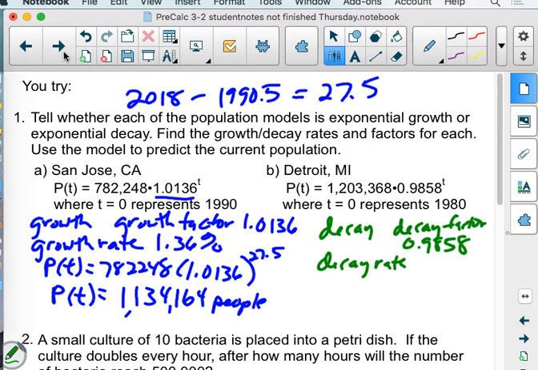Did you get the decay rate already? 1.42%. Well, let's check that out. 1 minus 0.9858. Yeah, 1.42%. Did they use the exact same numbers that we did on the other day? Oh, rats. We should have changed those up.